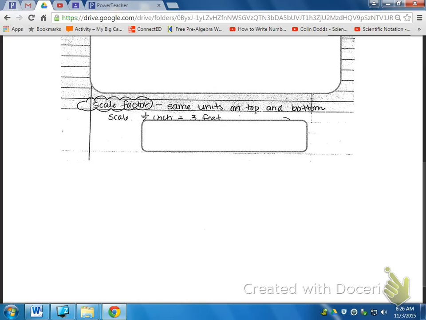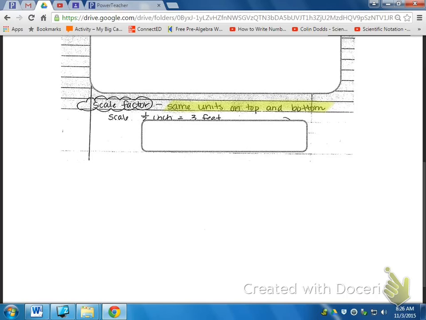That tells the measurement in that model car how it compares to the measurement of the real car. So the problem with this is if it says to change to a scale factor, you have got to make sure you've got the same units on the top and the bottom. Also, don't leave a fraction there.